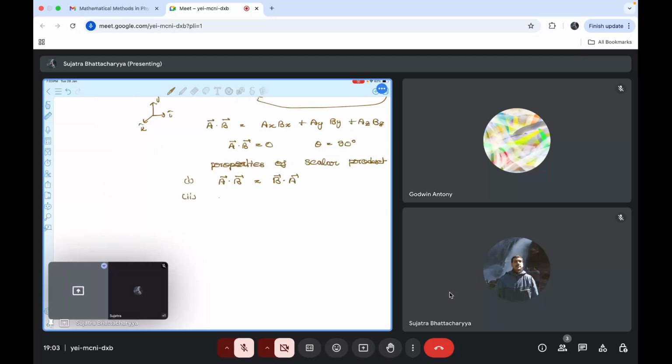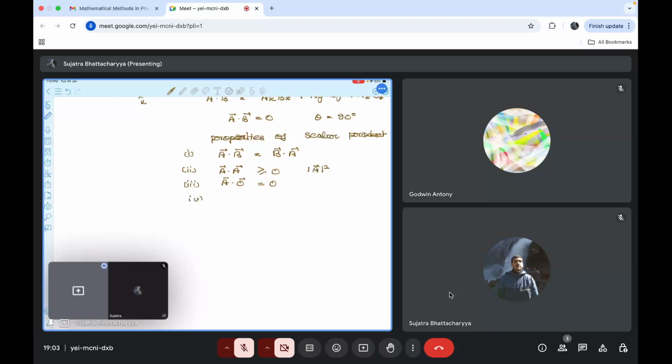Second, A dot A is greater than or equal to 0, because this will be nothing but mod A square, which should always be greater than or equal to 0. Third, A dot a null vector is always 0, a scalar, of course.